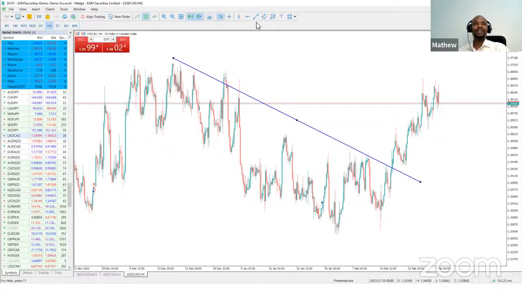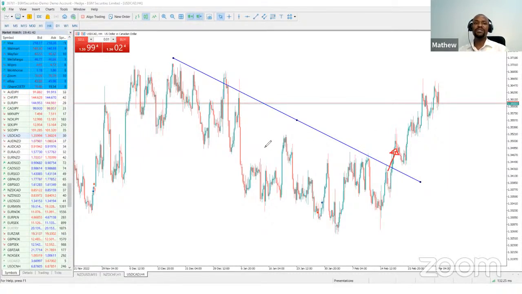So when you had this break right at this point here, when the price changed to the upside, this is what we call change of character. For us, it's a break of trend, but in smart money concepts terms, it is change of character, right? Change of character happens when you have the trend changing from a downtrend to an uptrend.